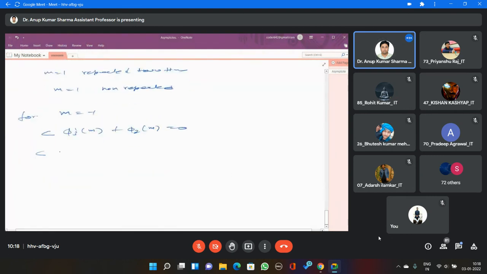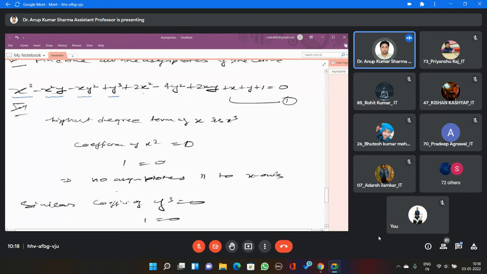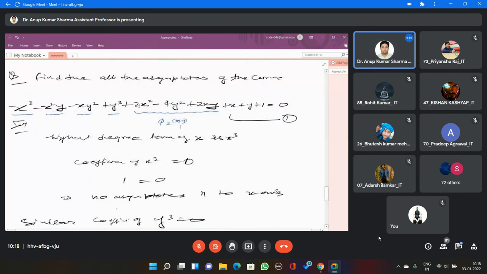So when you take the derivative, we will have c into 3m square plus 2m minus 1, plus phi 2 m, which we calculated from this one. Phi 2 m includes this term up to here, and we are writing it in terms of m.